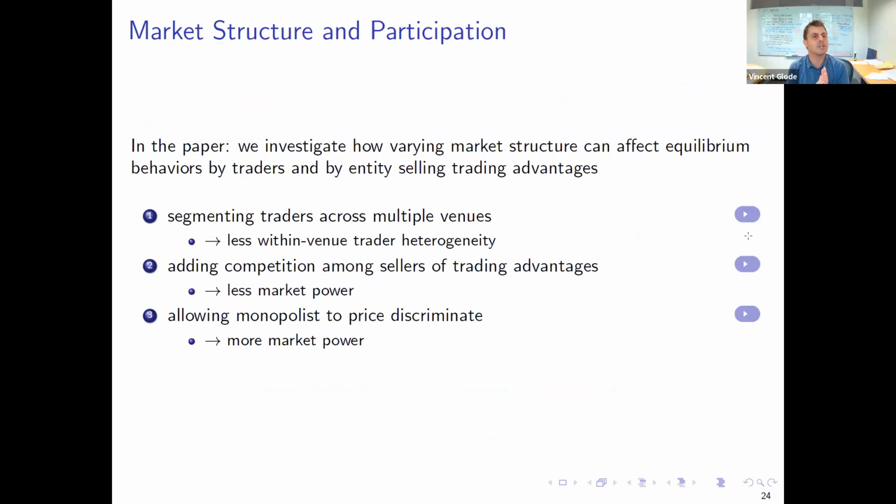In the paper, we show that if we were able to segment traders across multiple venues, by starting a venue that caters to, say, the retail investors who don't want to participate in the market, we could solve the problem. Because what really drives the inefficiency here is trader heterogeneity.